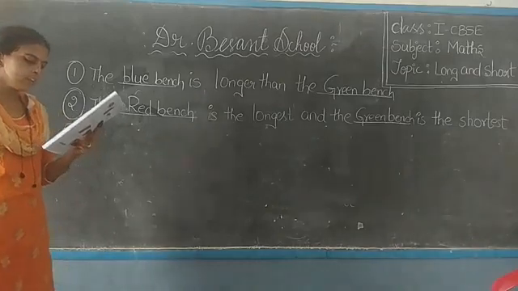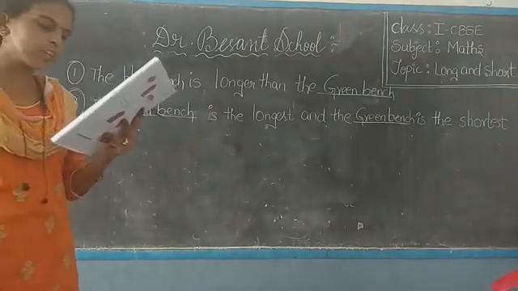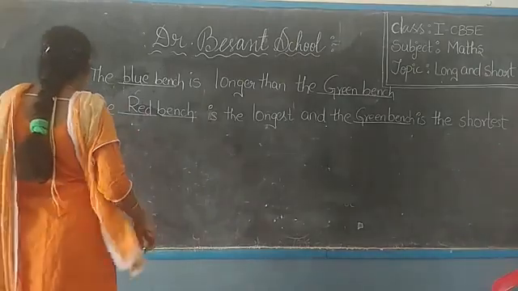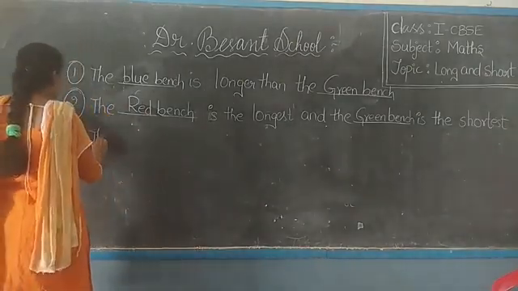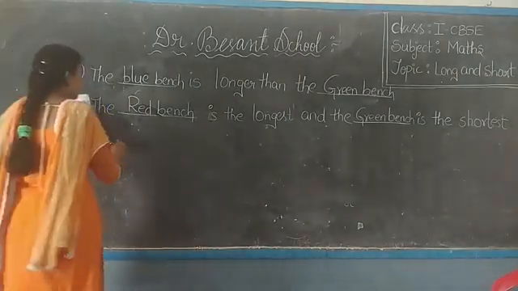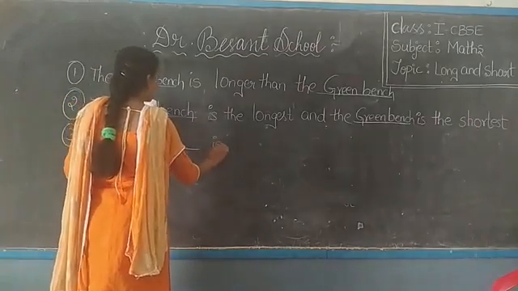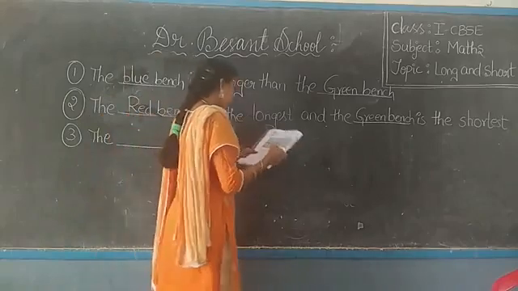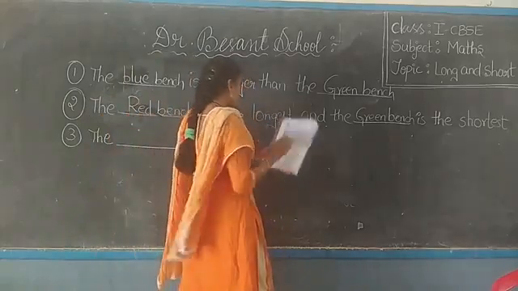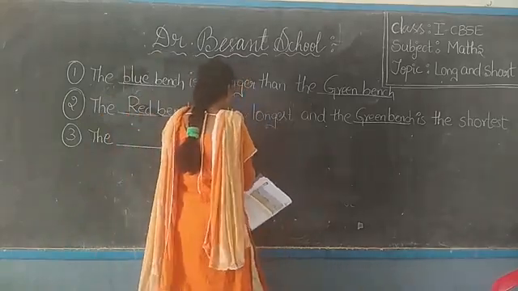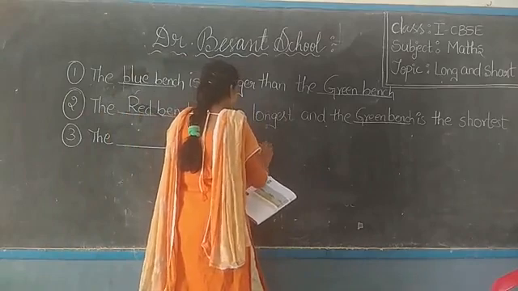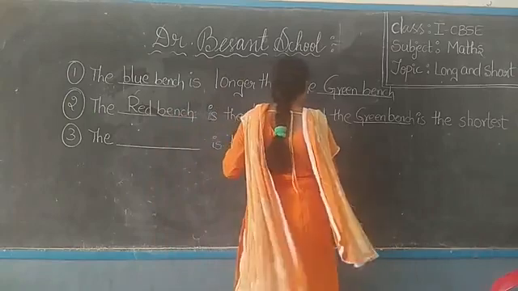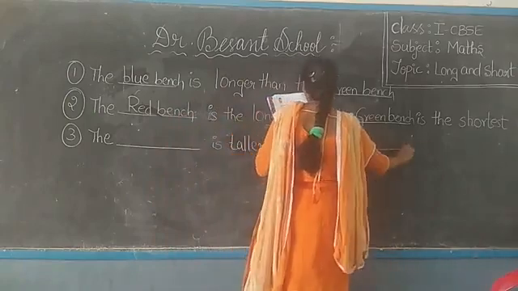So next one. Now I am going for the third blank. So here the word taller is given. So taller means you have to compare the lamp post. If you see, the dash is taller than the dash.